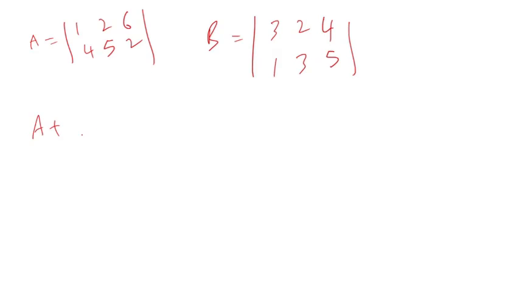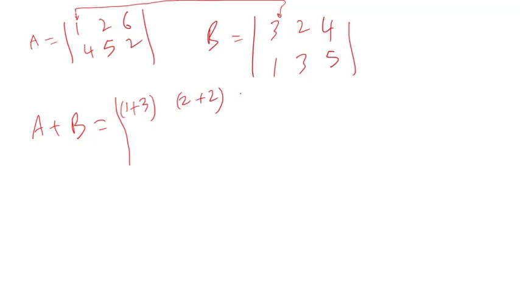So the sum of A plus B matrix, basically you take the first entry of A plus the first entry of B, 1 plus 3, then 2 plus 2, then 6 plus 4. Then you go to the next row, 4 plus 1, 5 plus 3, then 2 plus 5.